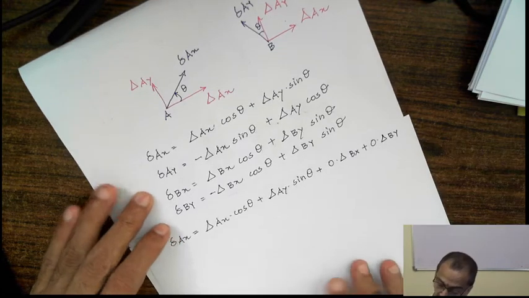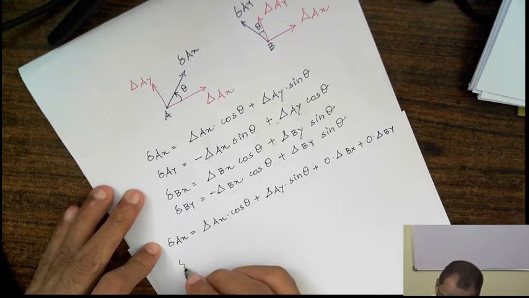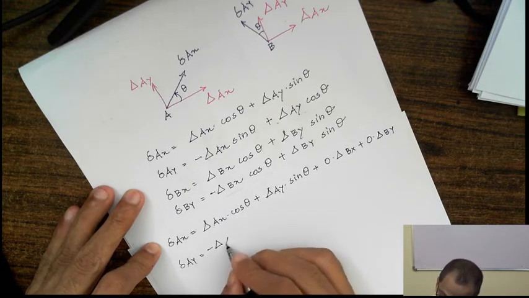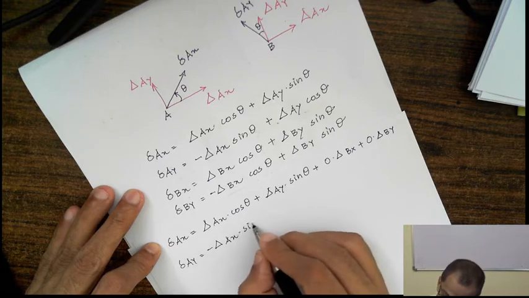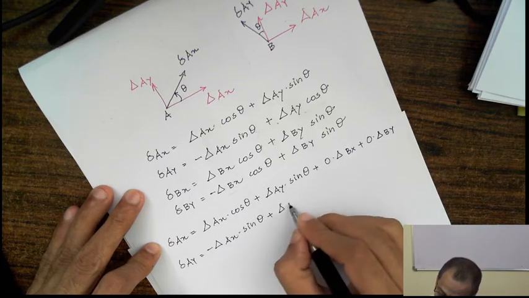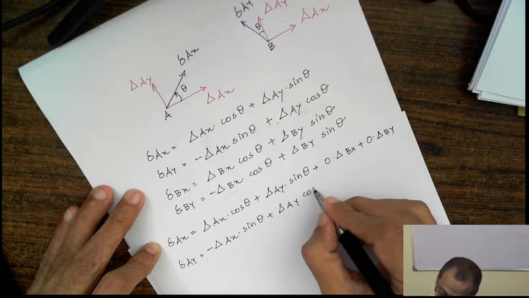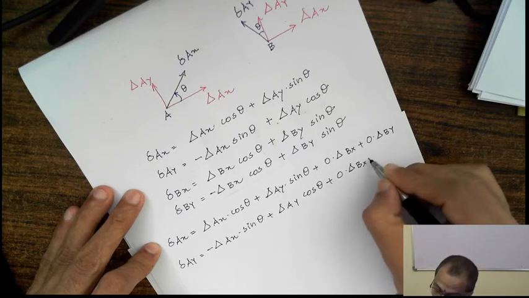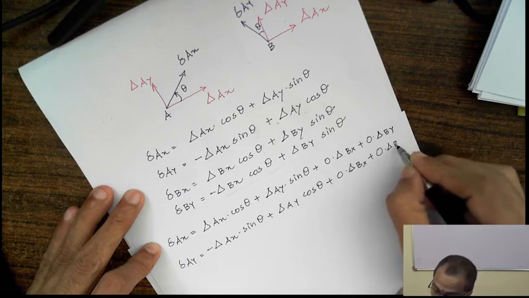Everybody agree? I wish to incorporate all these things. Del AY is equal to minus delta AX sin theta plus delta AY cos theta plus 0 delta BX plus 0 delta BY.